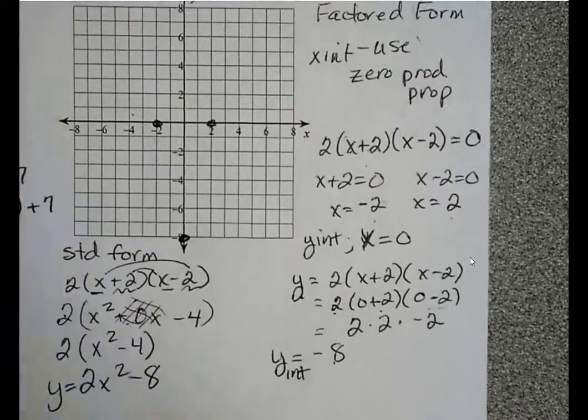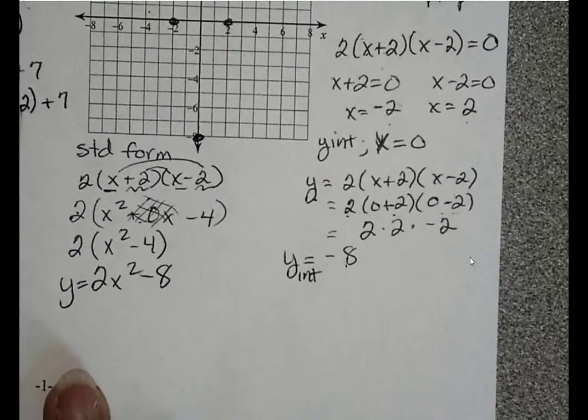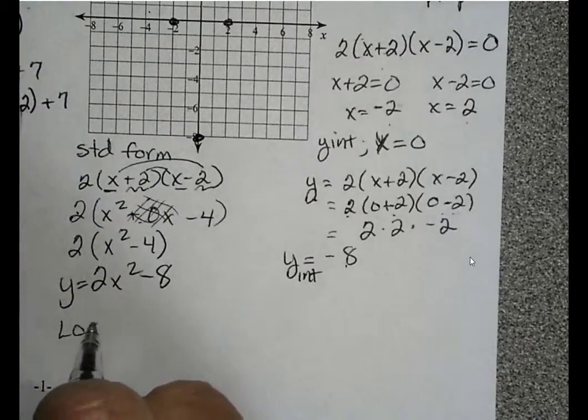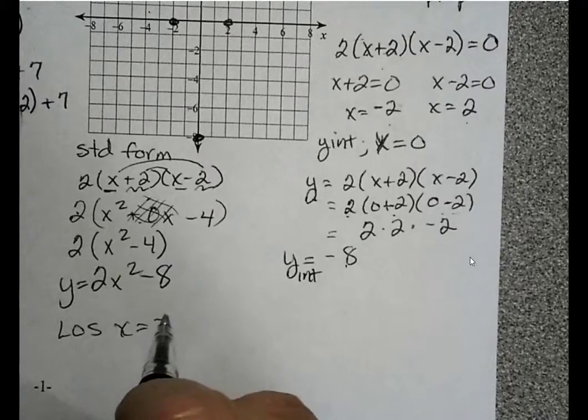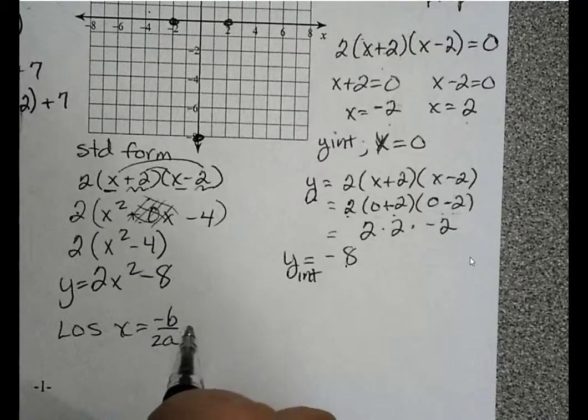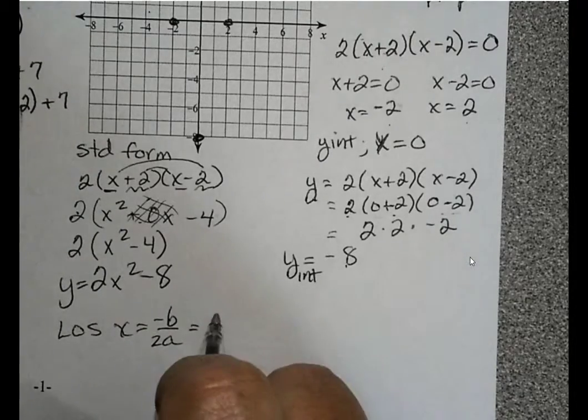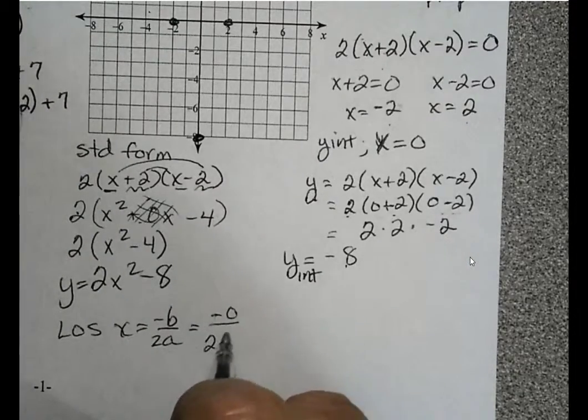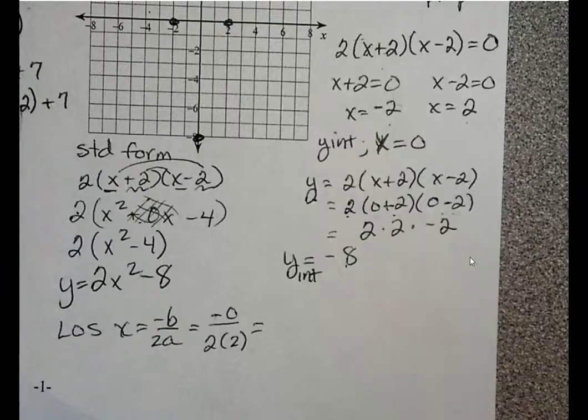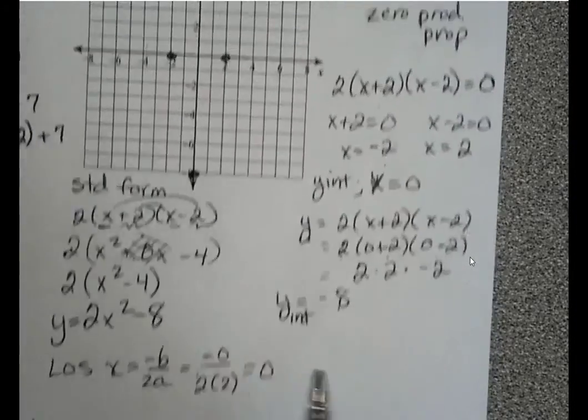Okay, and when I find the line of symmetry, I'm going to have x equals the opposite of b divided by 2a, but I don't have a value of b. b is equal to 0. Well, 0 divided by anything is 0. So my line of symmetry is where x equals 0.